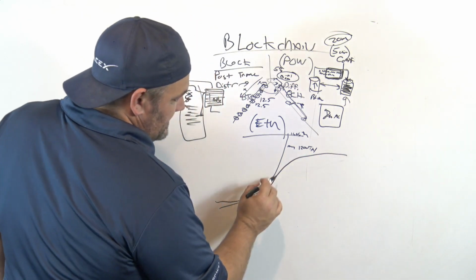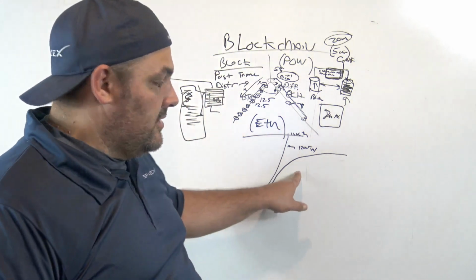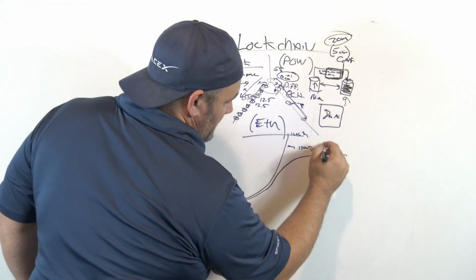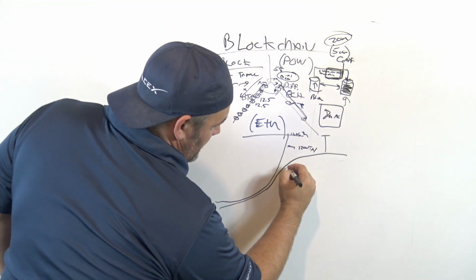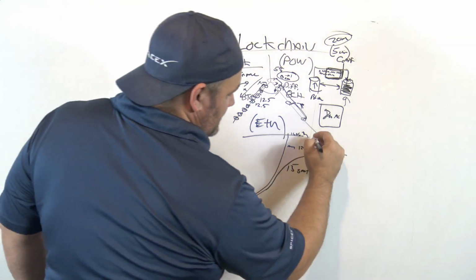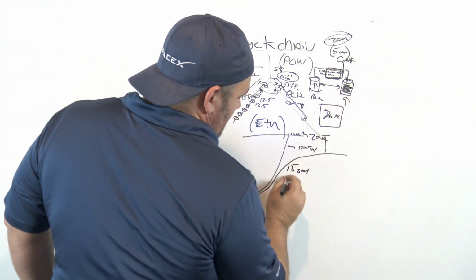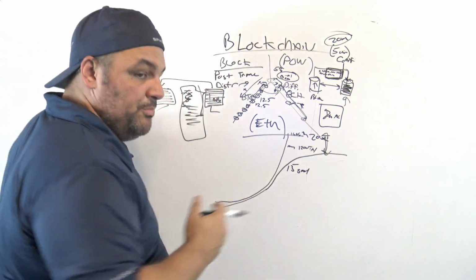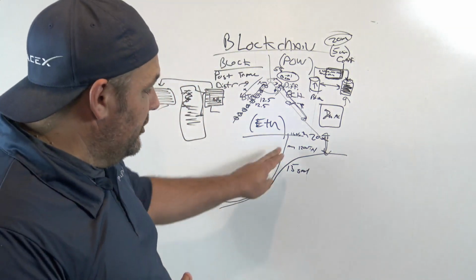What happens is, because it's not being predicated on the mining, there's a gap here. The Ethereum network should be at 15 seconds block time, and right now it's like 20-something seconds, because there's a discrepancy with the artificial push of the difficulty.